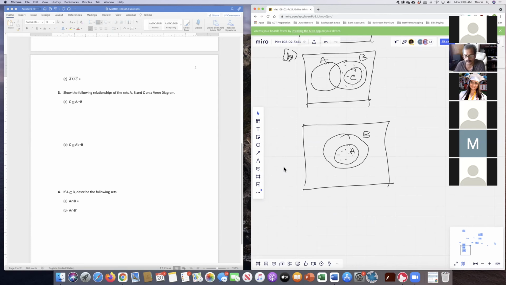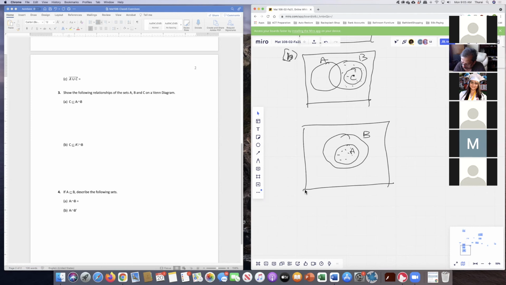A is a subset of B. I have shown that in the picture. So think about what A intersection B would be. What's the meaning of A intersection B? And if you think about that, you will be able to tell what this is equal to. You can write that this is equal to something. And that's your question.